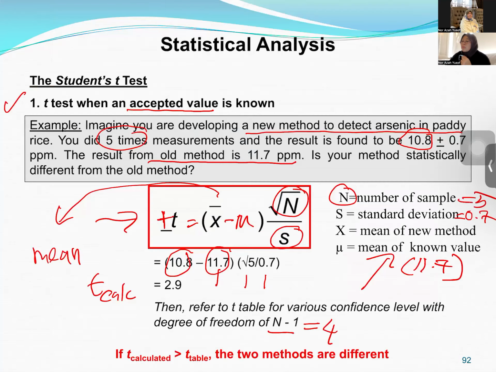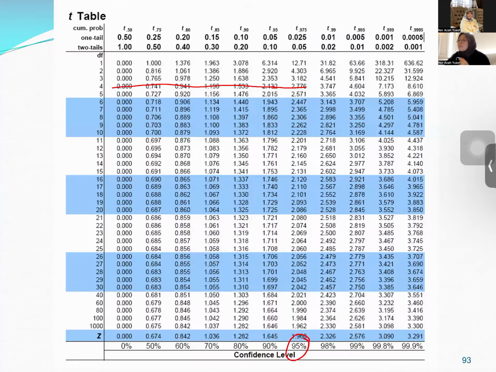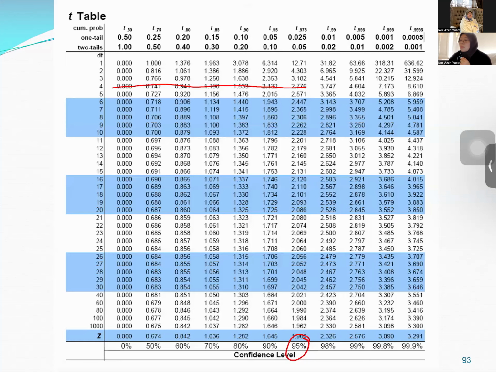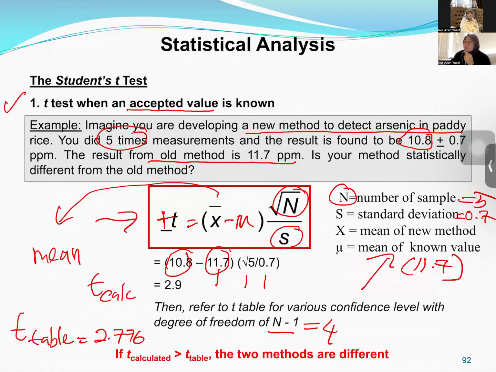So what you can do is the value from the T table is 2.776. With comparison, T calculated 2.9 is greater than the T table 2.776.